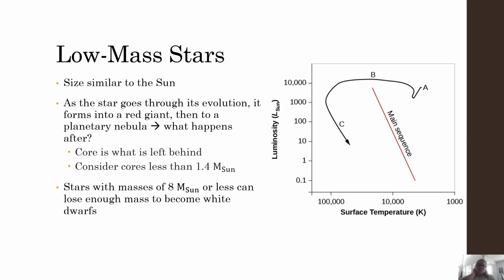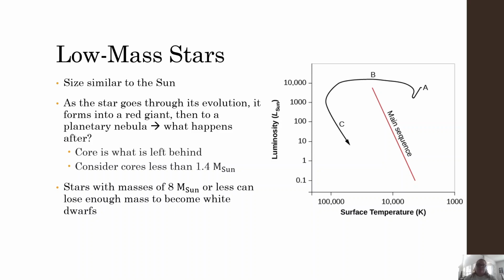And we want to know what happens after that planetary nebula stage, or what is left behind. And I did briefly mention it, that there will be some core that is left behind. And we're going to first consider cores that are less than 1.4 times the mass of the sun.